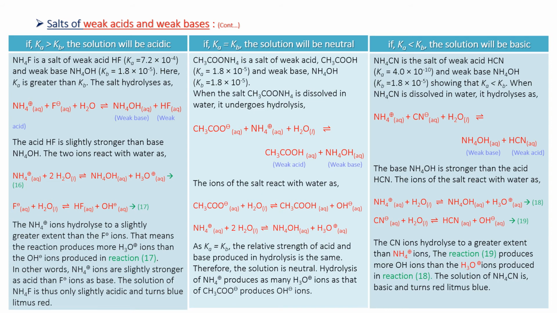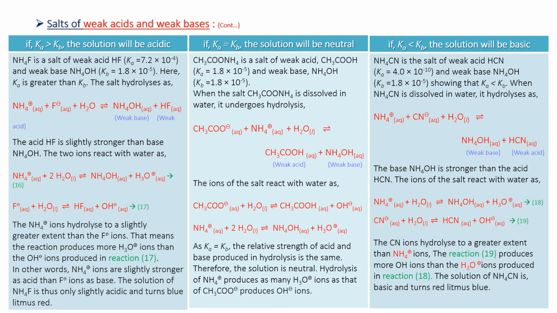Means in this case your base, that is CN minus, is slightly stronger as compared to your acidic NH4 plus, and that's why in this case OH minus will be in a higher concentration as compared to your H3O plus. So that's why your solution will be basic in nature.